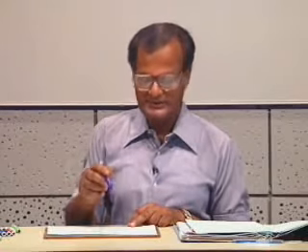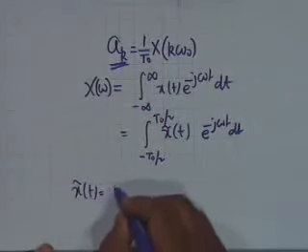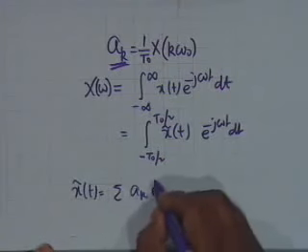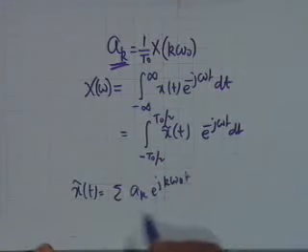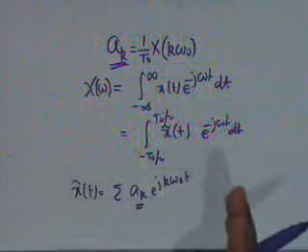Now you know that a_k, the coefficients in the Fourier series expansion of x tilde(t), summation a_k e to the j k omega 0 t, these coefficients in the Fourier series, they could be evaluated over one period, and the location of the period is of no consequence.